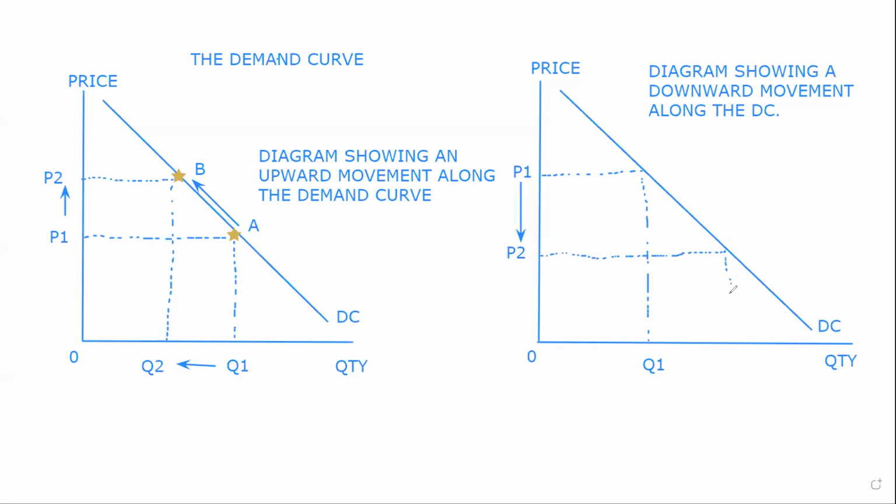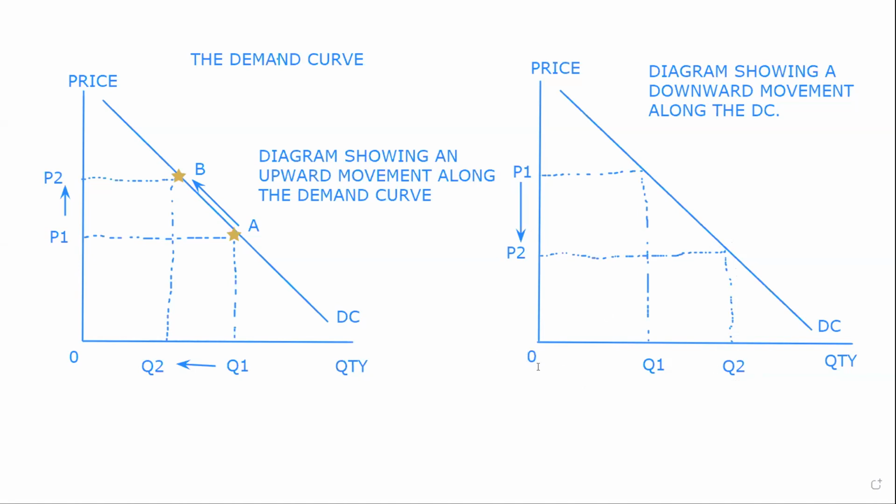I can now bring this line down. It's supposed to be a straight line, by the way, you guys. I'm just sketching it here on the whiteboard, all right? So it reached the horizontal axis, and that is going to give us Q2. Because price decreased from P1 to P2, and we got now this Q2, did the quantity increase or decrease?